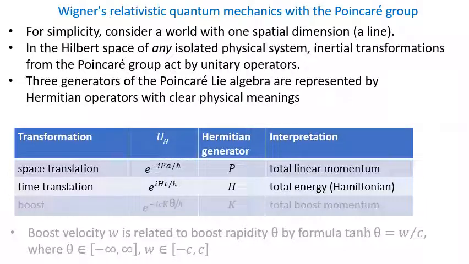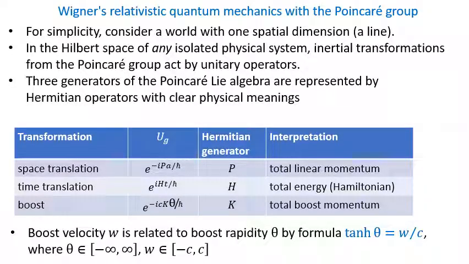Time translations are generated by the Hamiltonian, and boosts are generated by the total boost momentum. The parameter of boost transformation is not velocity, but so-called rapidity, which is a dimensionless quantity whose hyperbolic tangent is equal to the ratio of the boost velocity and the speed of light.